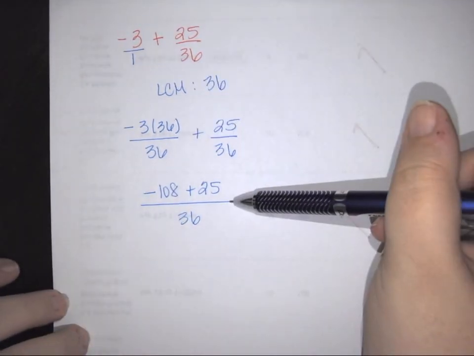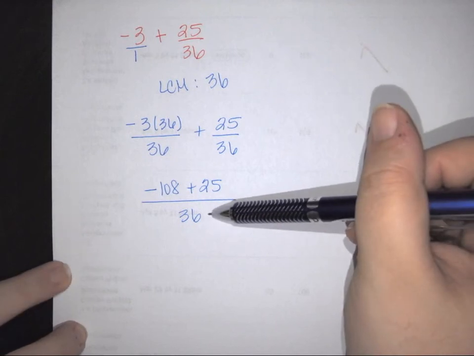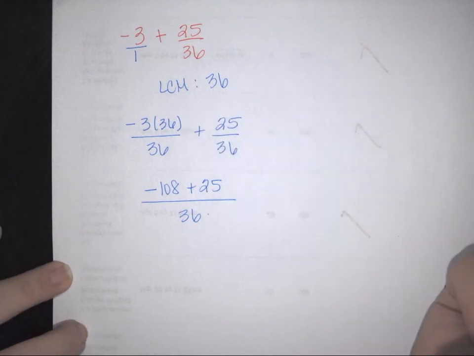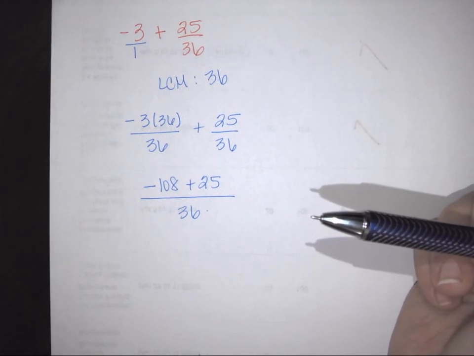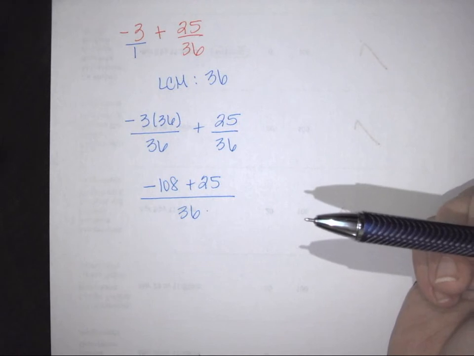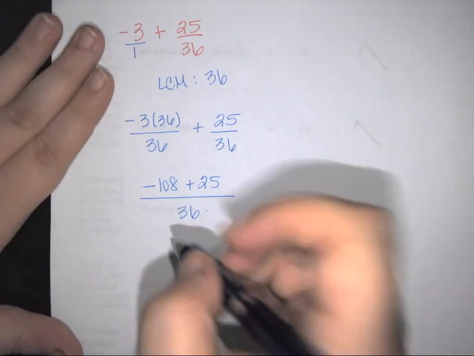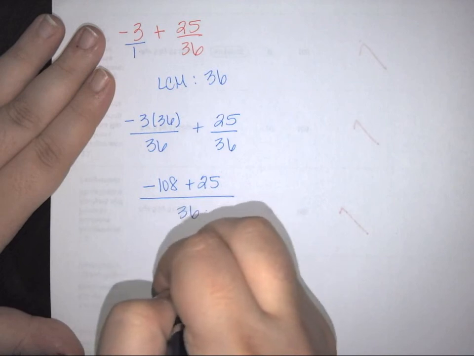Because remember, with your fraction rules, when adding or subtracting, your denominator has to stay the same and you add or subtract across the numerator. So negative 108 plus 25 is going to give me negative 83 over 36.